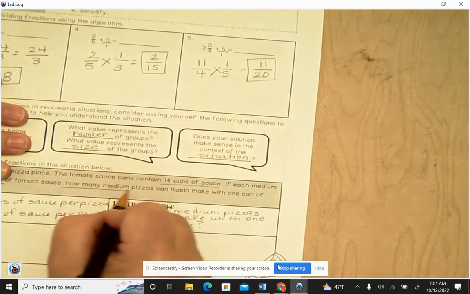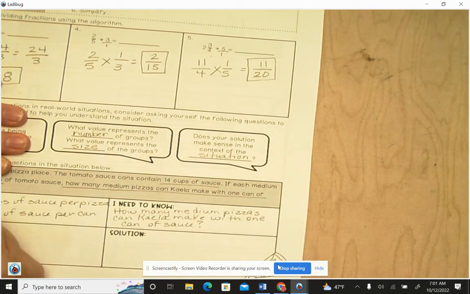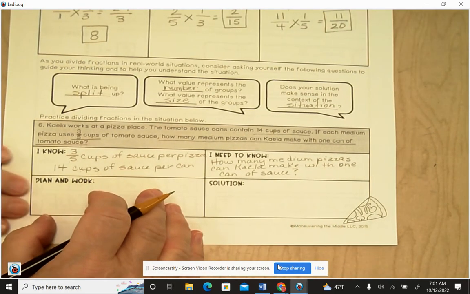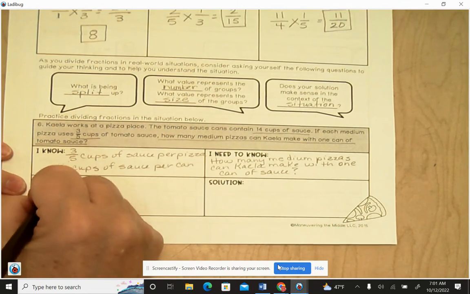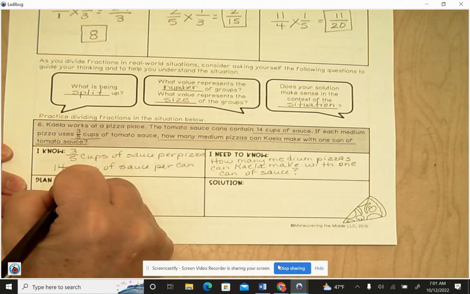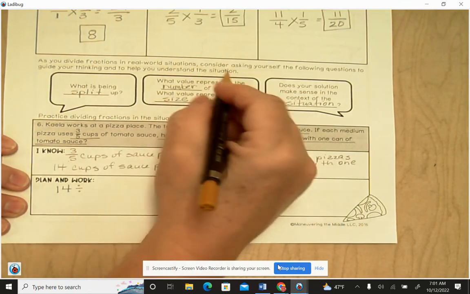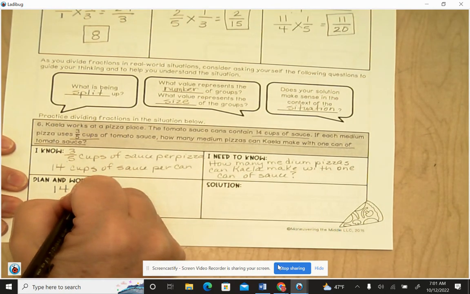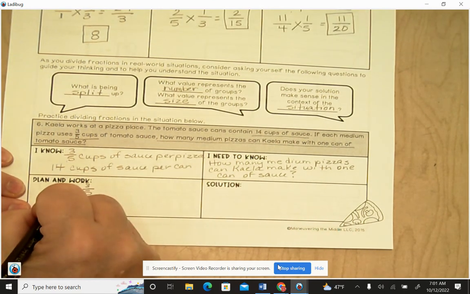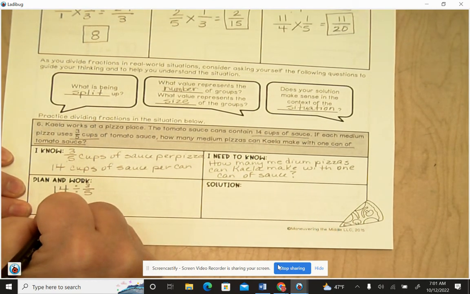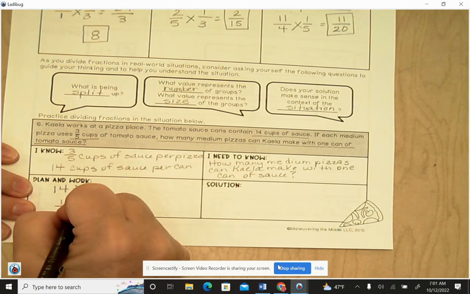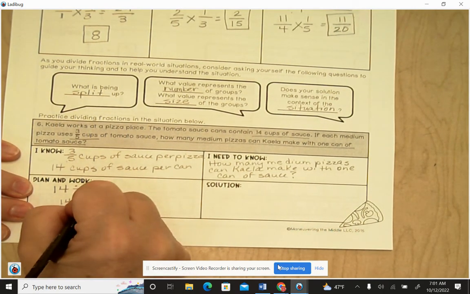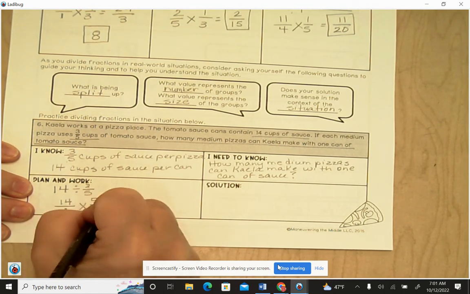It says right here, how many medium pizzas can Kayla make with 1 can of tomato sauce? All right, so we know that the size of our group was 14. And the number of groups that we want is the 3/5. So we're going to keep the 14 and put it over 1. We're going to change the division to multiplication, and we're going to take the reciprocal of 3/5, which is 5 over 3.